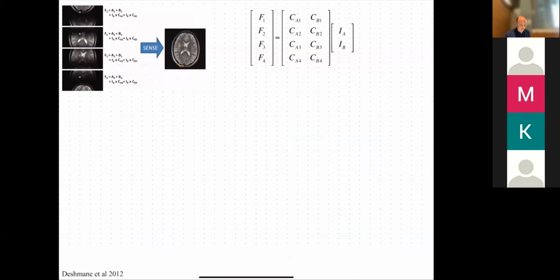So let's talk a little bit about why that happens. Okay. So let's go back to this simple linear thing. We're just estimating two things, IA and IB, right? So basically we can say what we measure is just the sum of these two vectors multiplied by different coefficients, right?